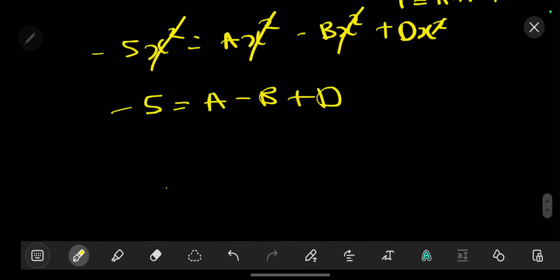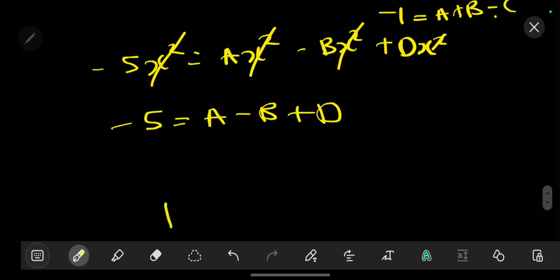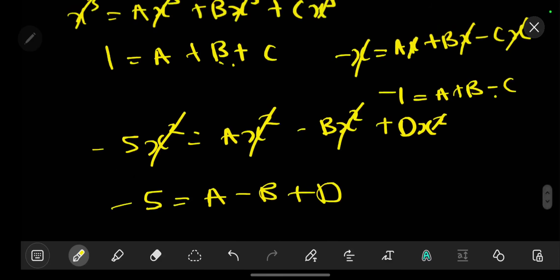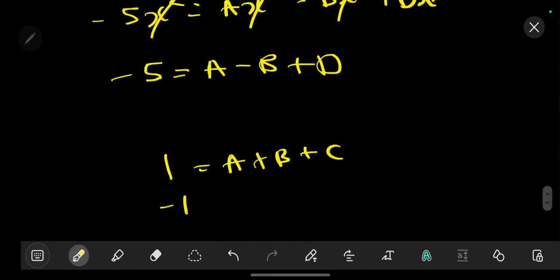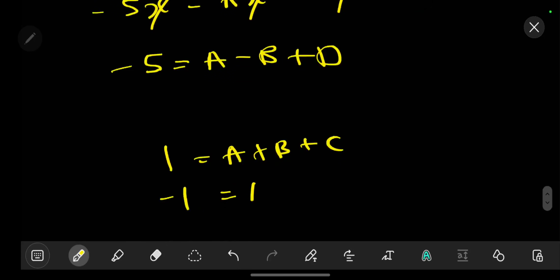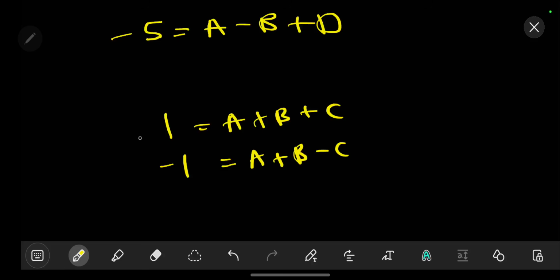So 1 is equal to a plus b plus c, and we also have negative 1 equal to a plus b minus c. Adding these two equations, we have 1 plus negative 1, that's 0, because these are different signs, so you can just add them.